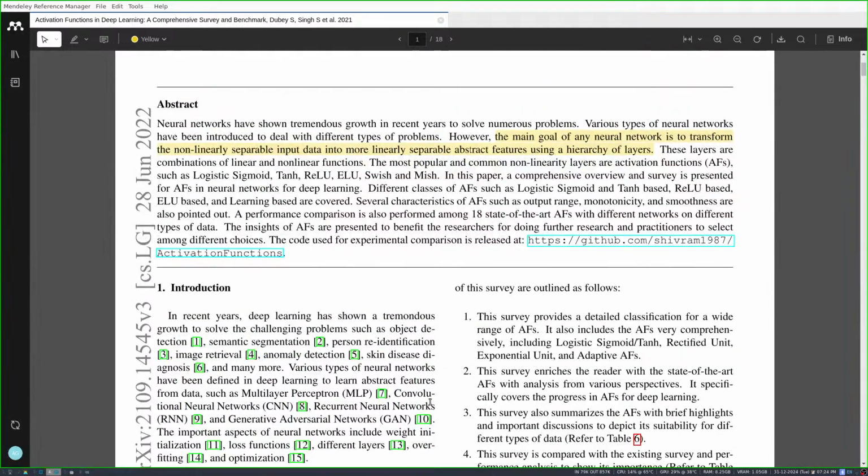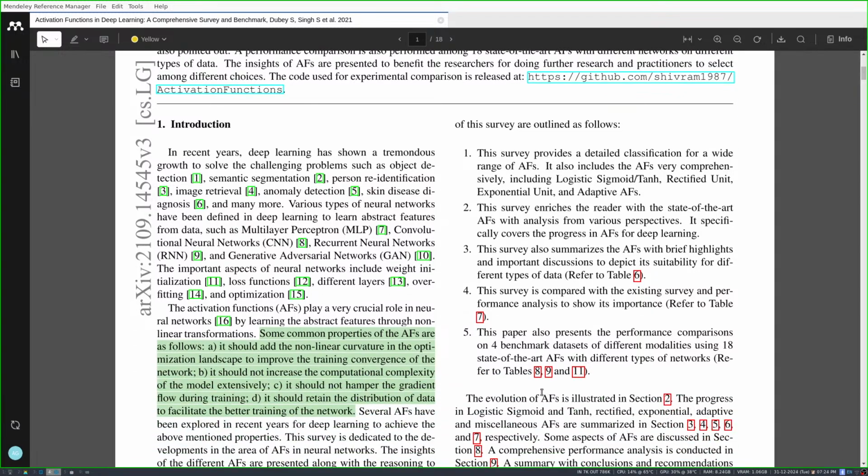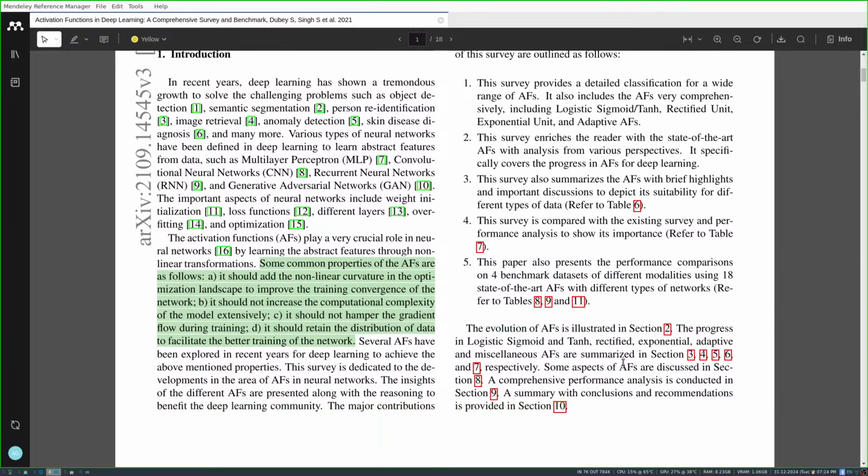The major contribution of the survey includes feature classification and a summary of state of the art activation functions. The paper also mentions performance comparison. The evolution of activation functions is explained in section 2.